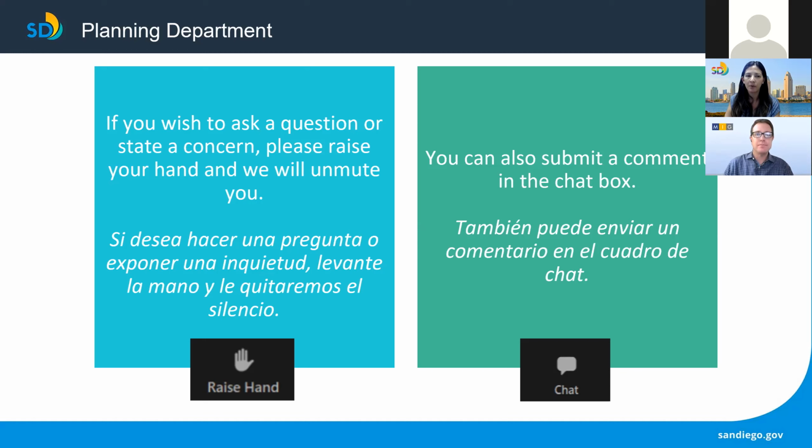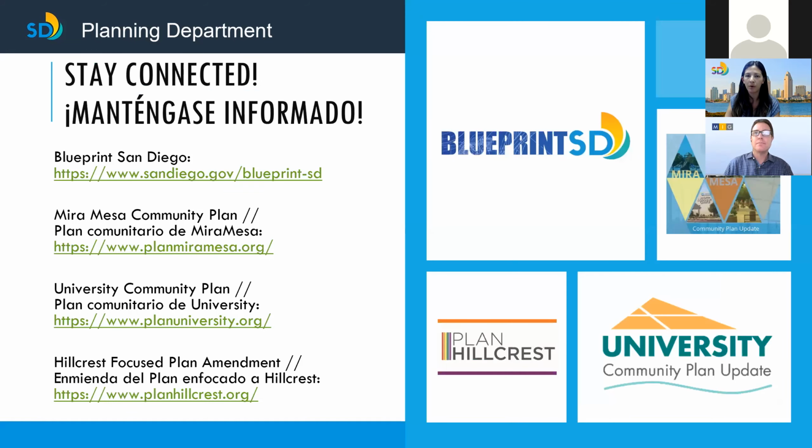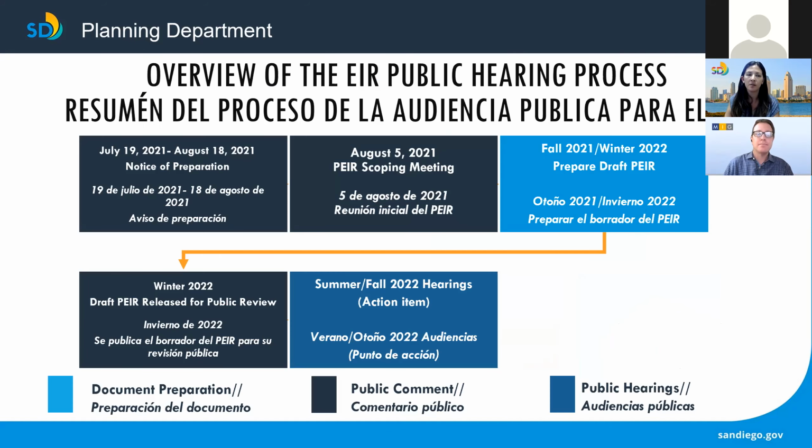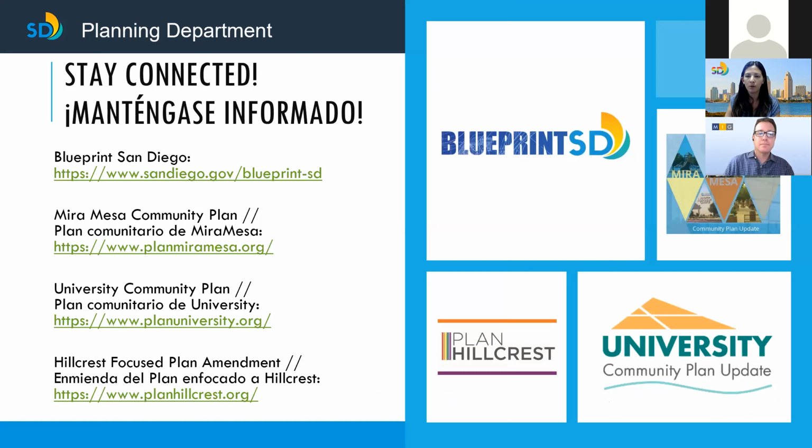There will be other opportunities for public input on the Blueprint San Diego project itself, as well as on each of the community plan updates that we've mentioned here. If you go to the links on our pages, we specifically have future meetings identified for the Blueprint San Diego program that we will be hosting.